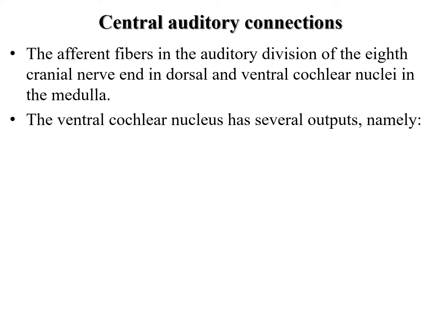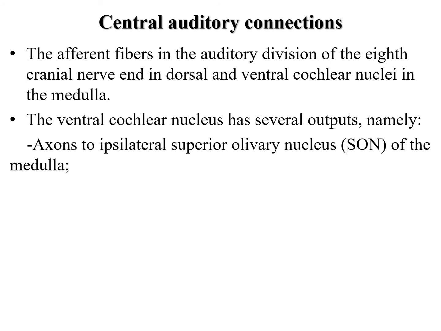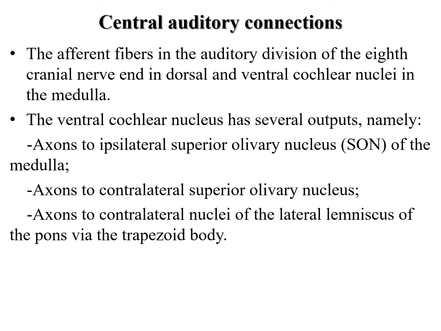Firstly, for the ventral cochlear nuclei, there are several outputs, three important ones: one to the same-sided superior olivary nucleus, another to the other-sided superior olivary nucleus, and another to the nuclei of the lateral lemniscus, which is at a higher level compared to the cochlear nuclei.